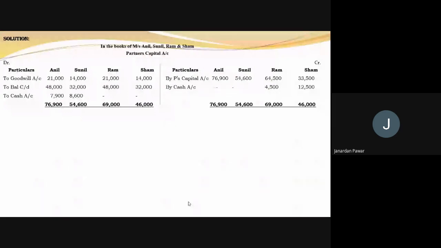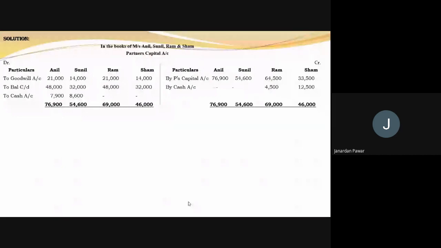Okay. So if there is a difference at debit side, that will be the cash brought in by that particular partner. And if there is any difference at credit side, that cash will be paid by the new firm to the partner. Okay. So this is the partners' capital account in the books of the new firm that we have prepared.